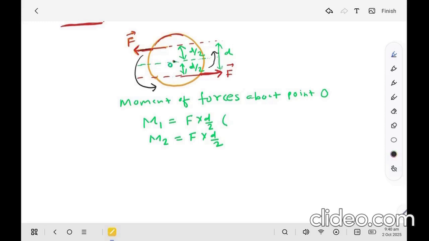It means the direction of the moment of each force is anti-clockwise, so we can use the positive sign.